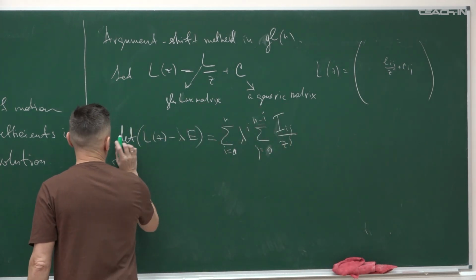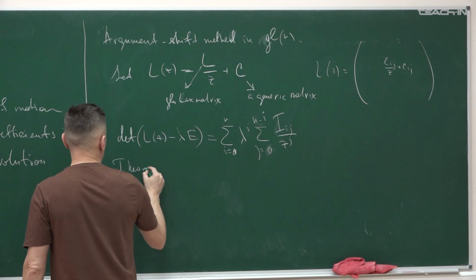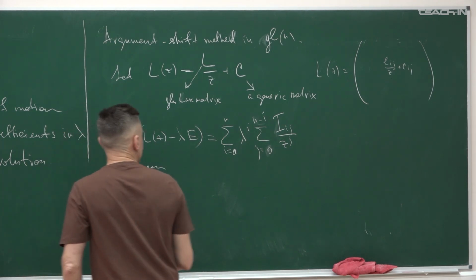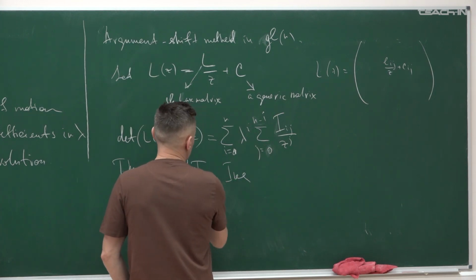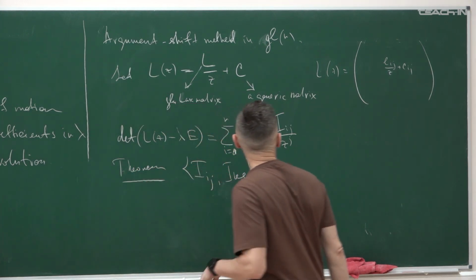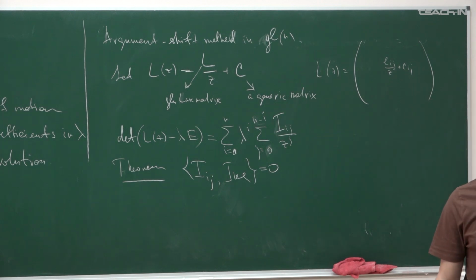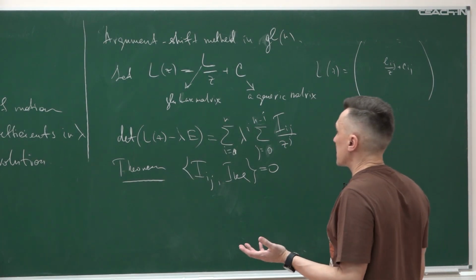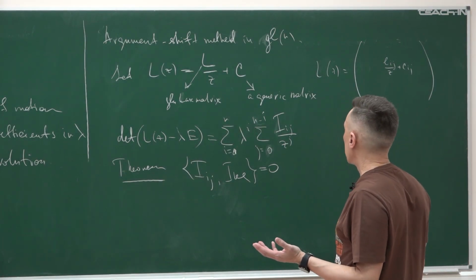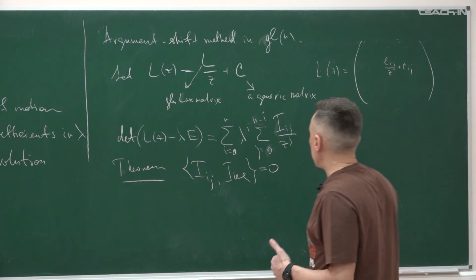Theorem. Ij, I, k, L commute with respect to the Poisson bracket we are considering. And this is the application of our lemma.